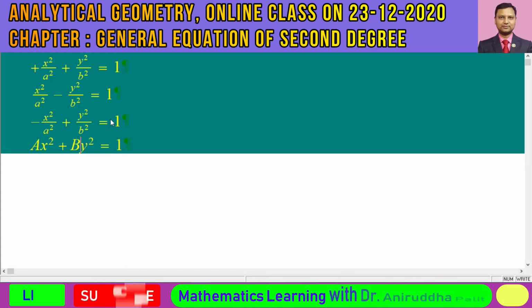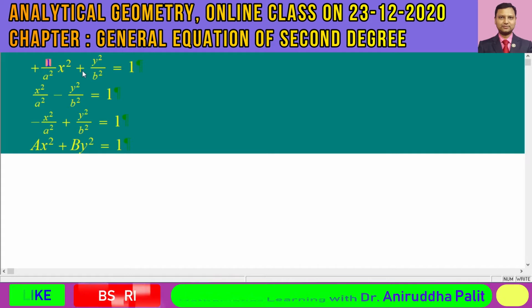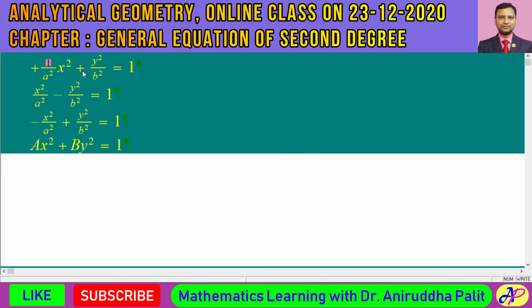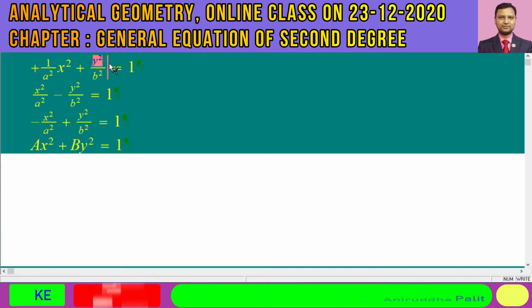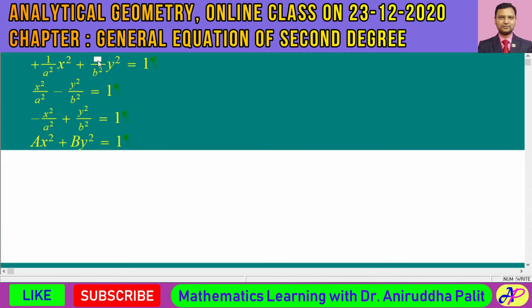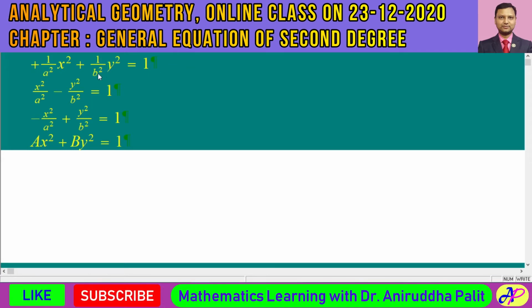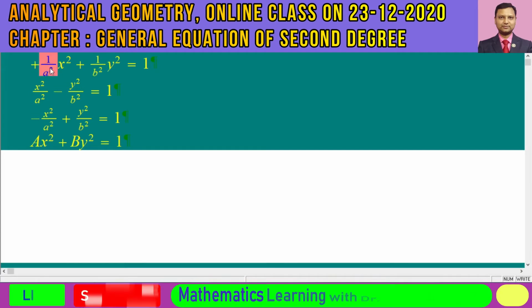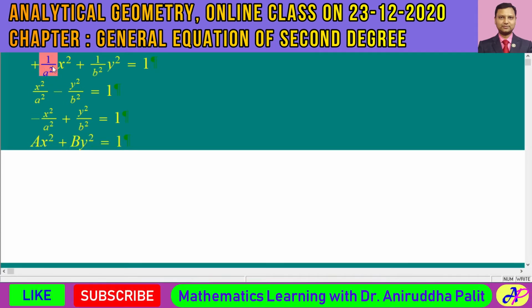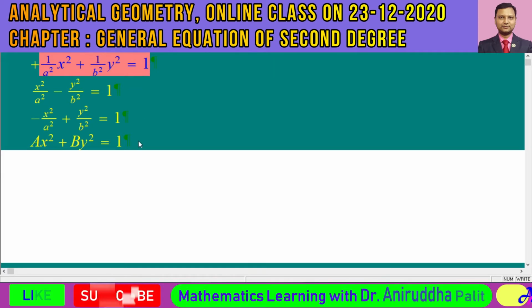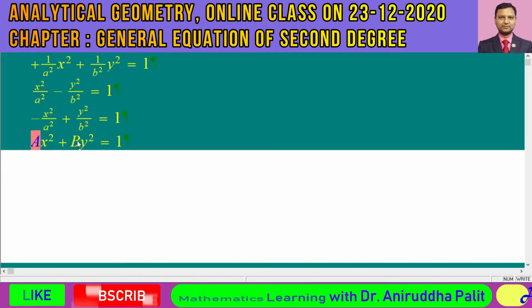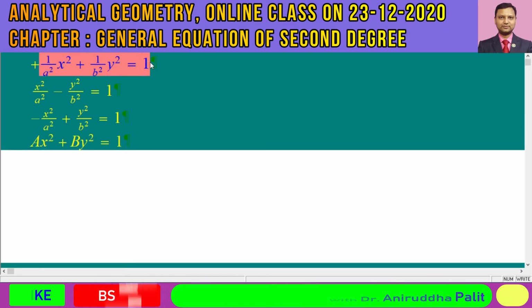Over here you see, suppose capital A becomes equal to 1 by a square, and capital B becomes equal to 1 by small b square. In that case, this equation would be converted into the equation of an ellipse. So if A and B both are positive, then this expression would represent an ellipse.